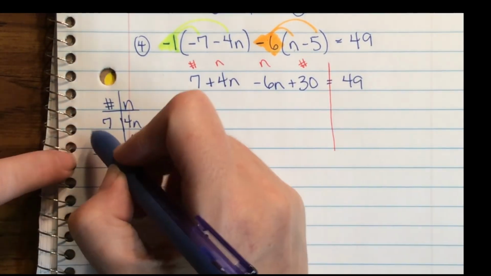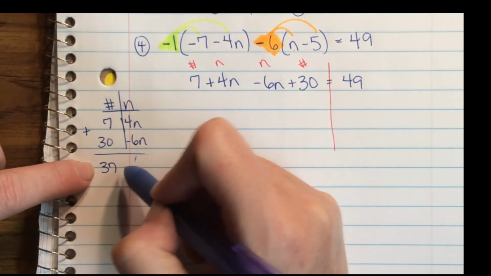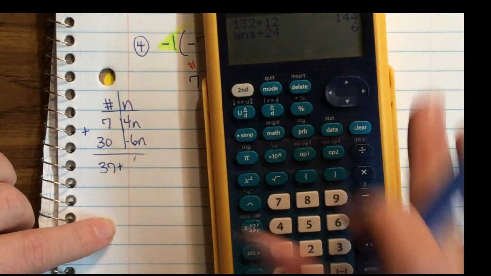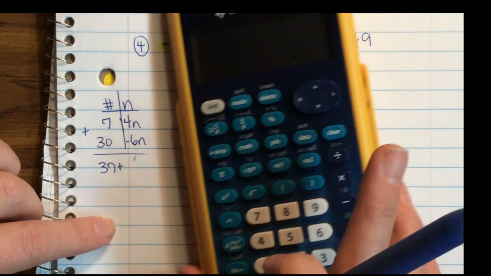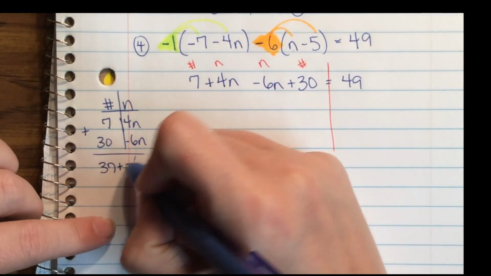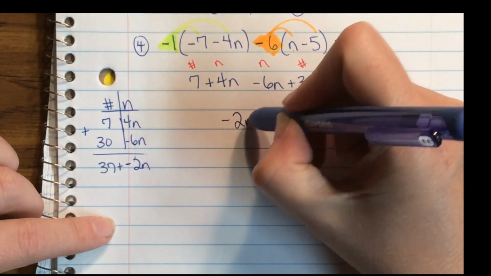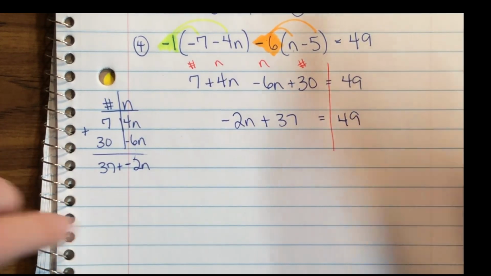Well, 7, we're always adding here. 7 plus 30 is 37. And then I have a positive 4 and a negative 6. So if I take positive 4 plus negative 6, I'm going to get negative 2. So it's really a negative 2n. So I'm going to start with the negative 2n plus 37 equals 49.